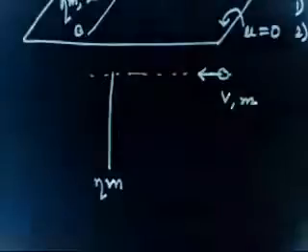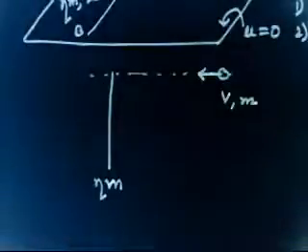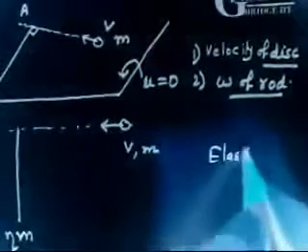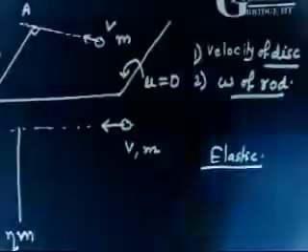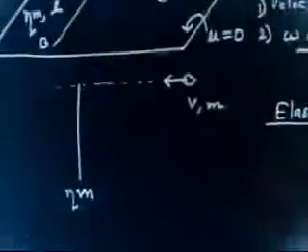Mass of the disc is m, and the mass of the rod is eta times m. Are you getting? This is coming with velocity v, the rod is kept on a horizontal plane, and the collision is given as elastic. So we have an elastic collision, and we'll also write one equation using elastic collision.